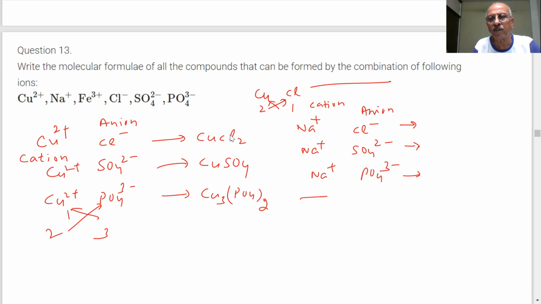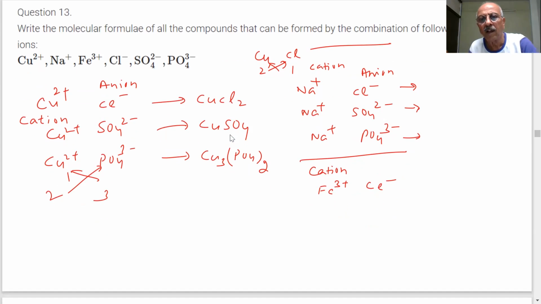Then you can use, student, the cation Fe3 plus and Cl minus anion. And then you can use Fe3 plus and SO4 2 minus anion, Fe3 plus and PO4 3 minus anion.